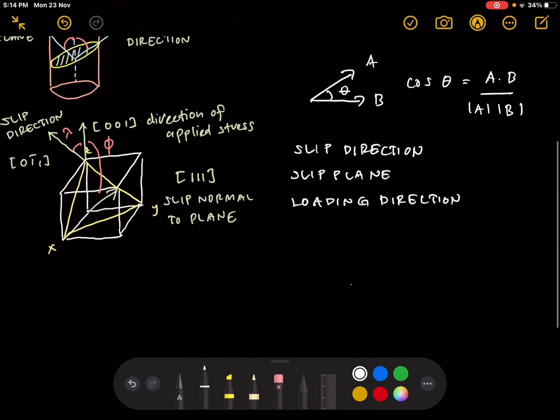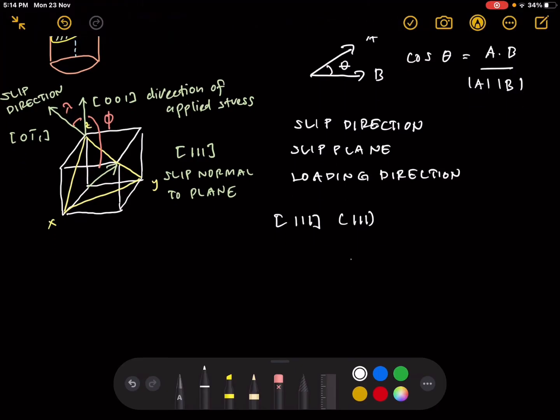Notice that the [111] direction being normal to the (111) plane is only the case in a cubic system, and we know that the applied stress is 13.7 megapascal.